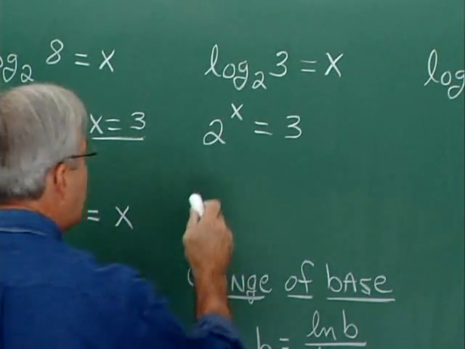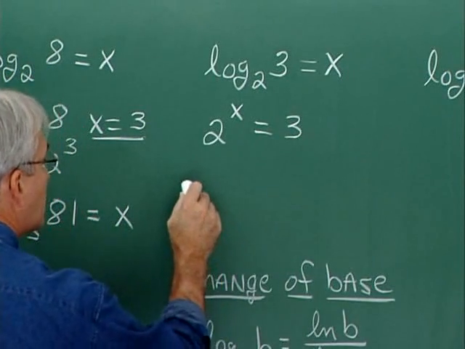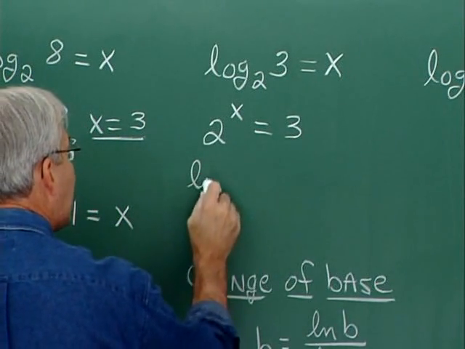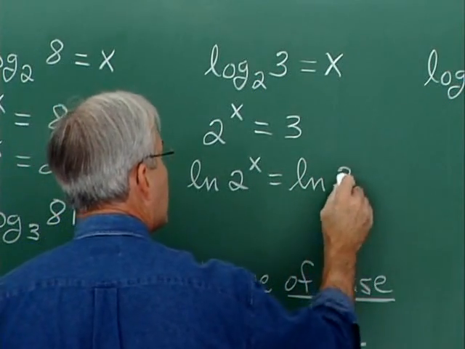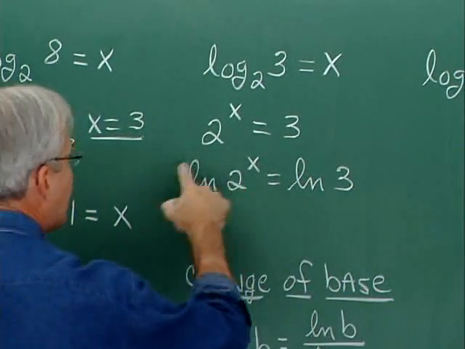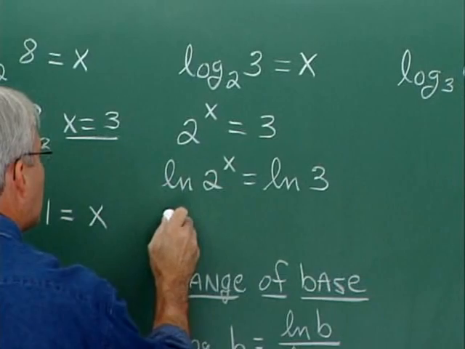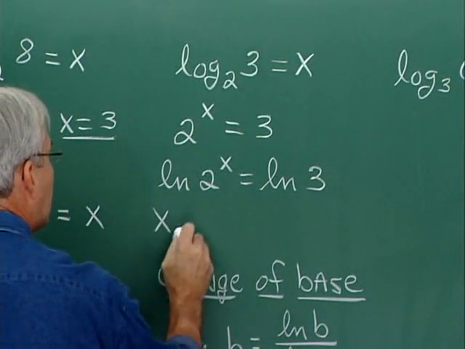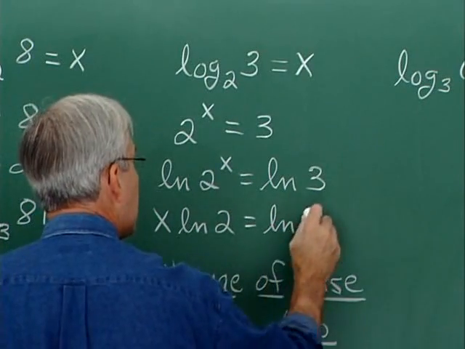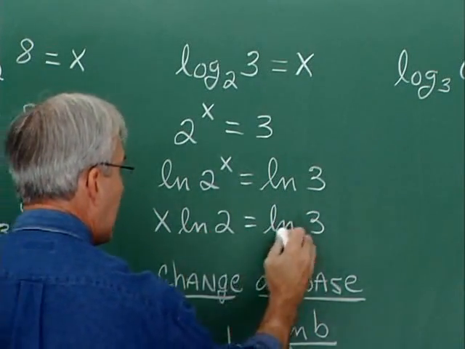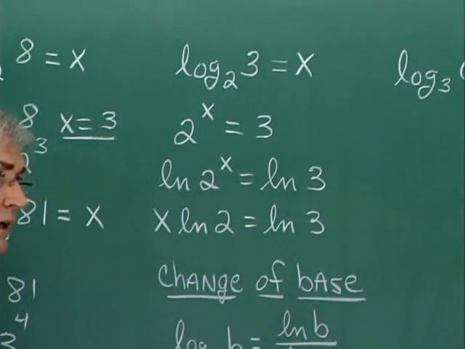Now, I'm going to apply natural log on both sides because that's what we're accustomed to dealing with. So ln 2 to the x is equal to ln 3. And look at what happens. We have a situation here where we can use the power rule. So this is x ln 2 equals ln 3. Now, ln 2 and ln 3 are just numbers in the calculator.